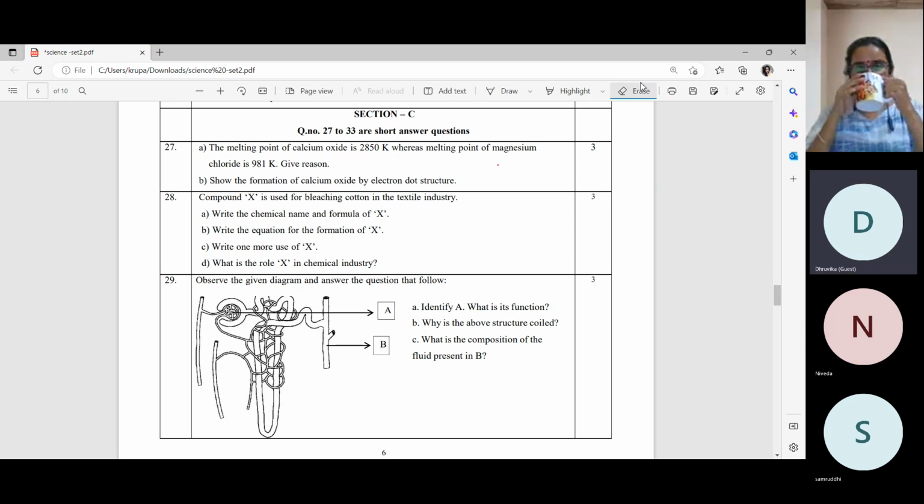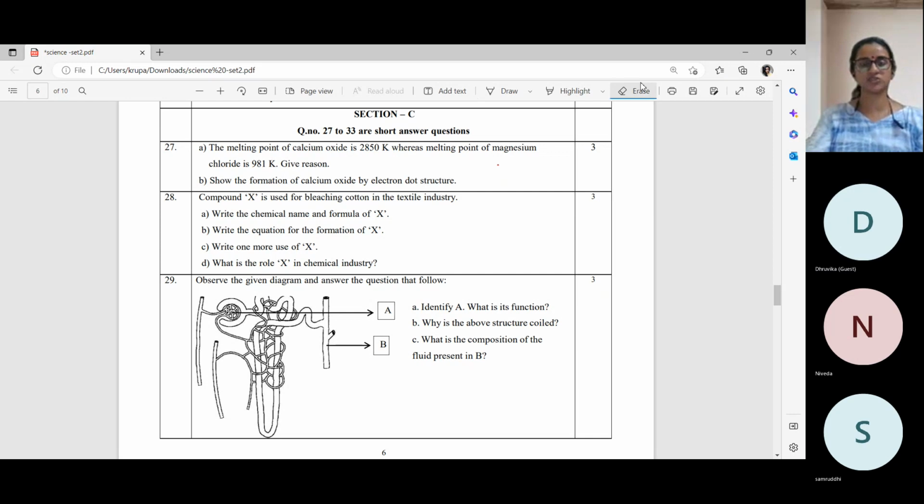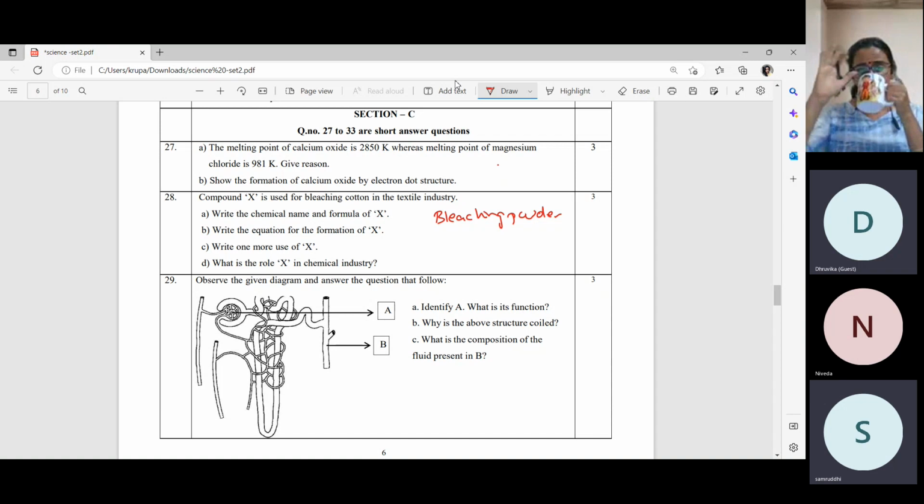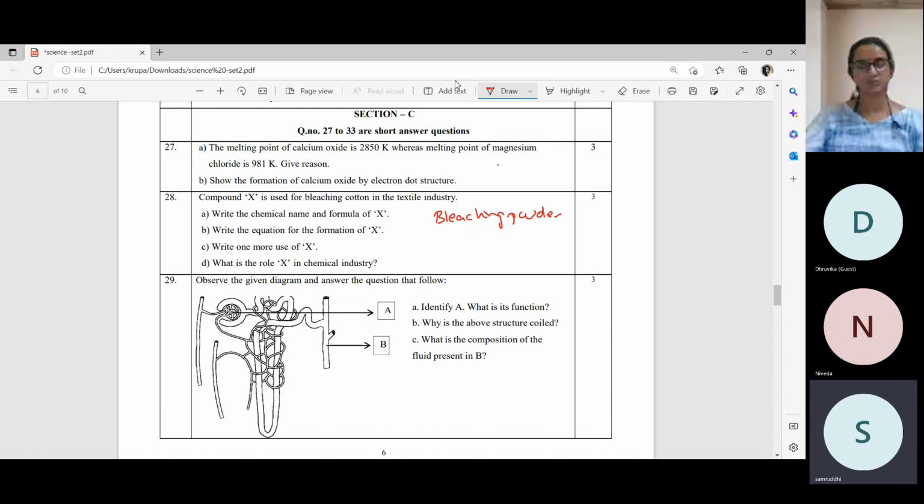So calcium oxychloride, CaOCl2, which is also called bleaching powder. Perfect. Are you familiar with the equation for its formation? Yes. Ca(OH)2 plus Cl2 gives CaOCl2 plus H2O.